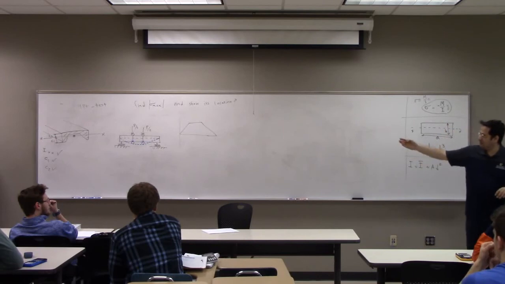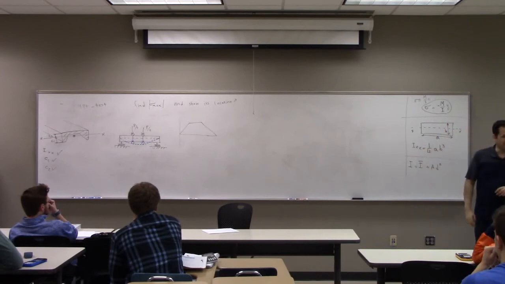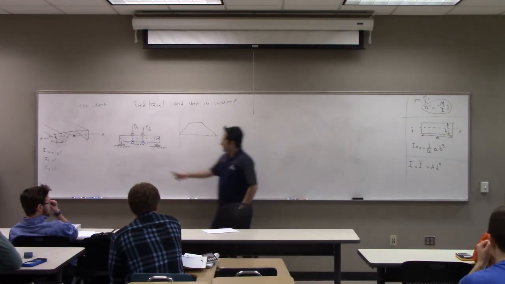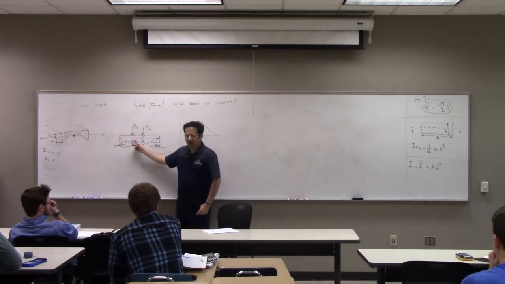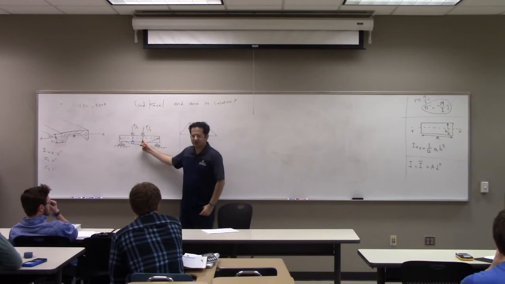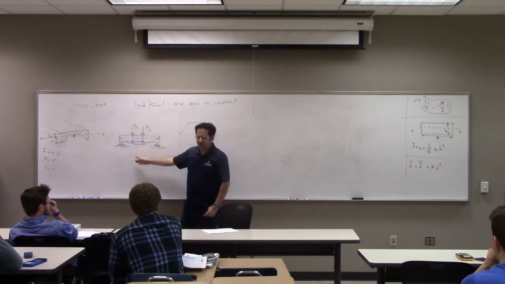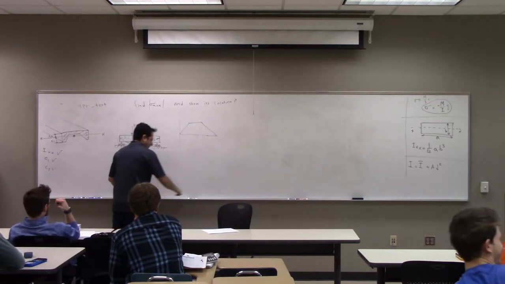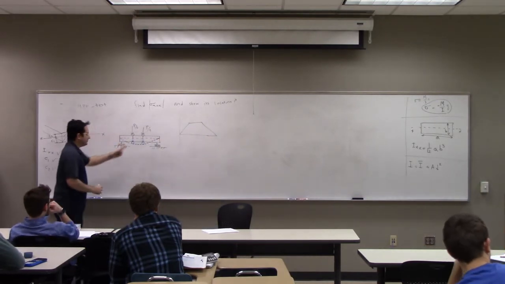How many intervals do I have? From here to here, 1. From here to here, 2. From here to here, 3. In each interval, find the internal moment. So from here to here, what do you get?